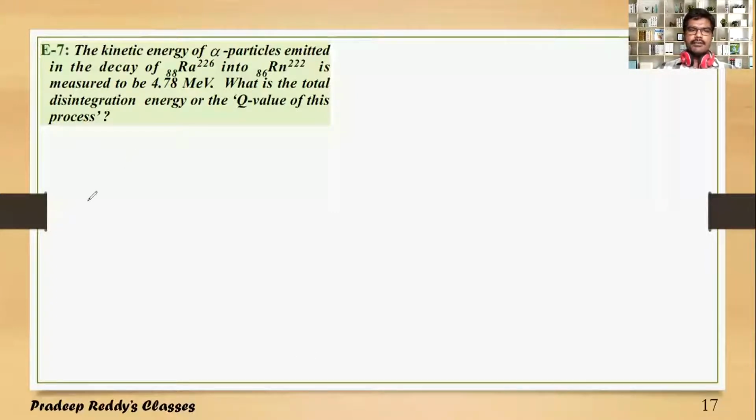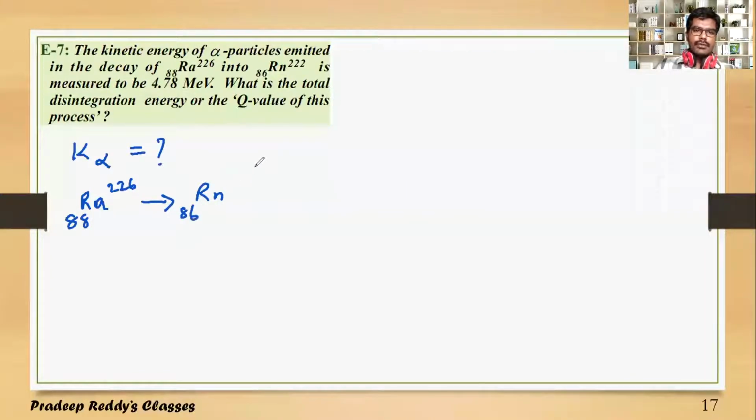This problem is quite different from the problems we have discussed earlier. Here you are supposed to find the Q value in the decay process of Ra 88 226 into Rn 86 222.